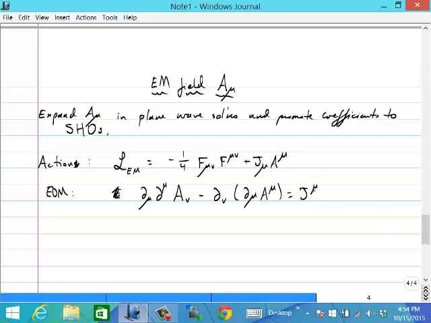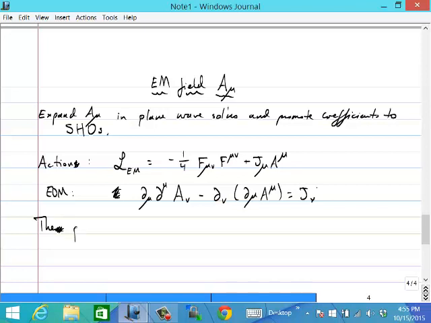And here I am writing the action and Maxwell's equations for an electromagnetic field in the presence of some sources. That is to say, in the presence of some current that I have called J mu. But if we want to quantize the free electromagnetic field without the presence of any sources or interactions, we should just set J mu equal to 0. That would mean we're studying the plane wave solutions of Maxwell's equations.